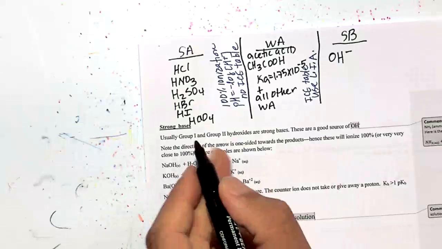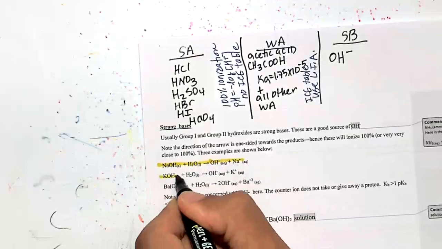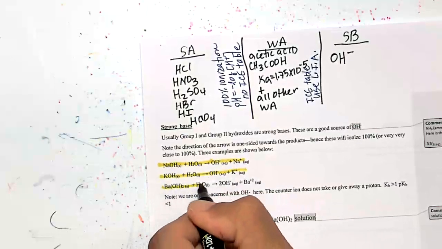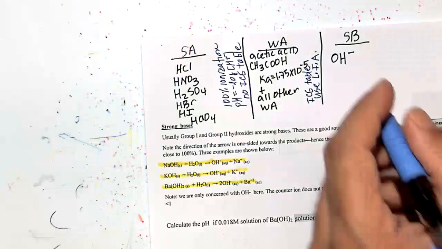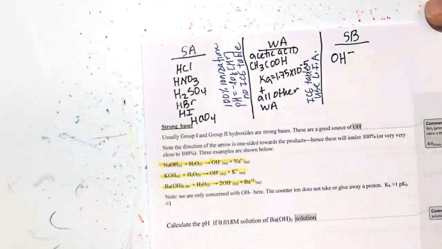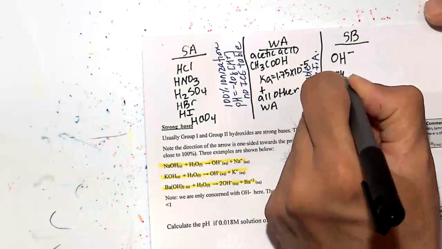You can see some of them on this list here: NaOH, KOH, barium hydroxide. So the strong bases are group 1 and group 2 hydroxides. Group 1, lithium, sodium, potassium. Group 2, barium, magnesium.